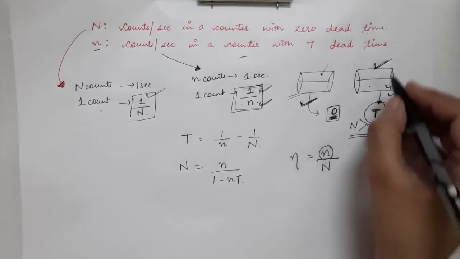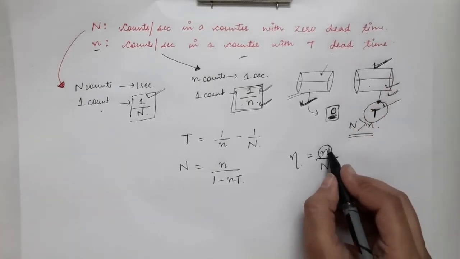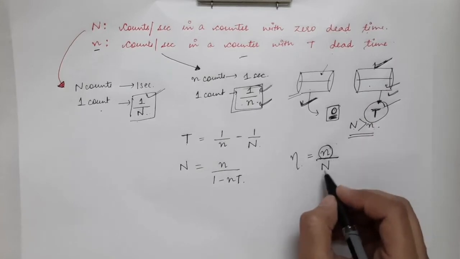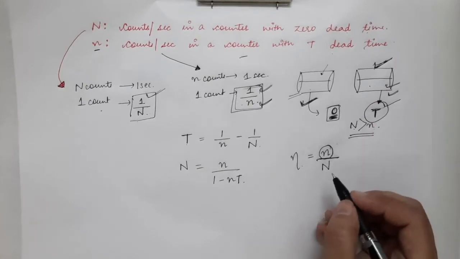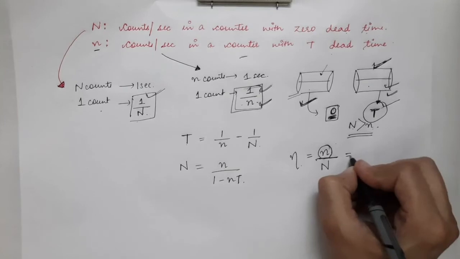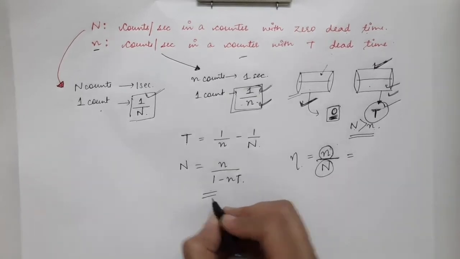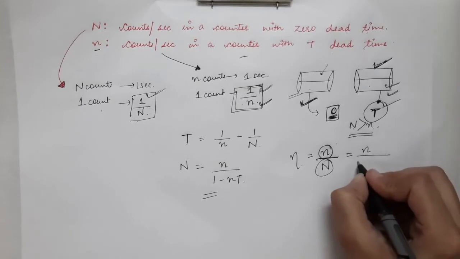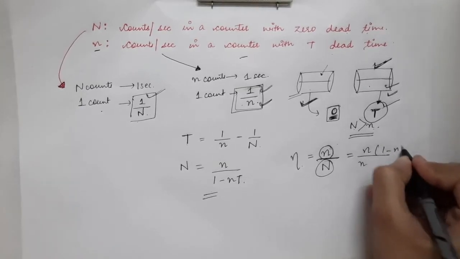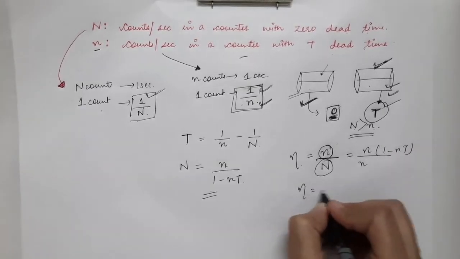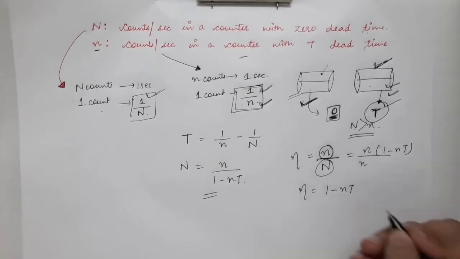So efficiency of this GM tube will be the number of particles detected divided by the number of particles actually entered the GM tube. You can substitute here the expression of capital N, so that will be n divided by n over 1 minus nT. So efficiency comes out to be 1 minus nT.